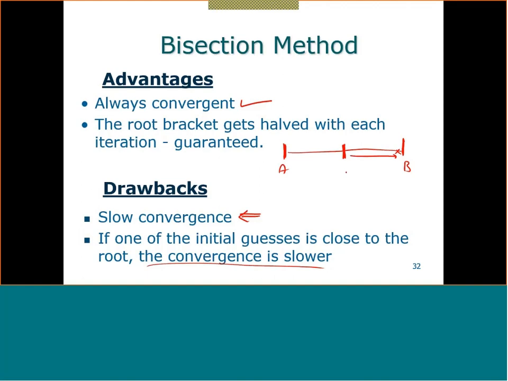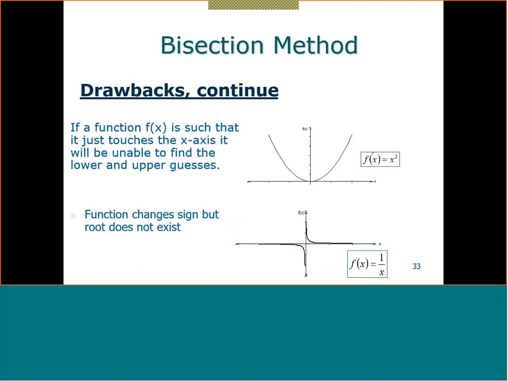So you are far away from your answer. Okay, so it would take a while before it converges. If your answer is in the middle, it's faster to converge. But of course, you have no clue. You don't know if your answer is closer to one of the limits or not. Okay, so this is one of the drawbacks. Another drawback, and this is one of the questions I was asked yesterday.